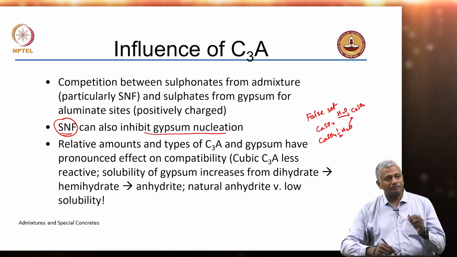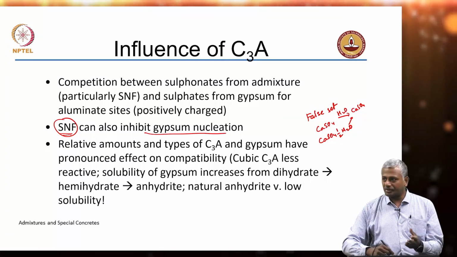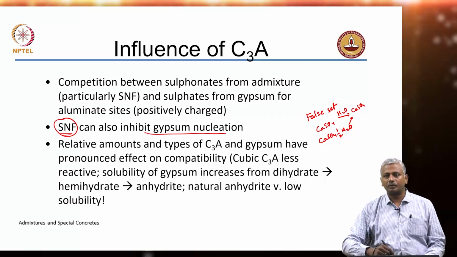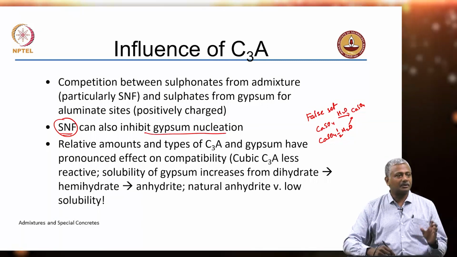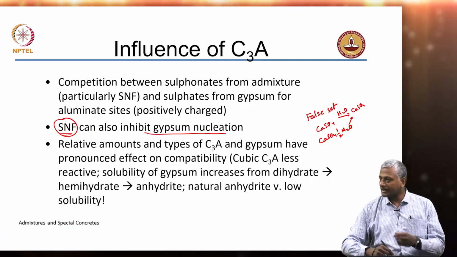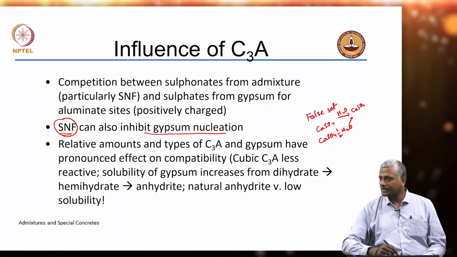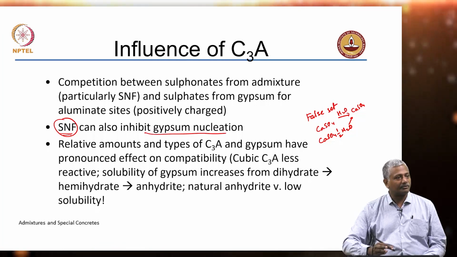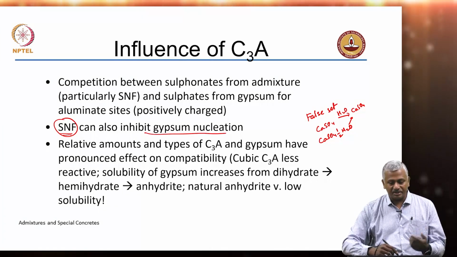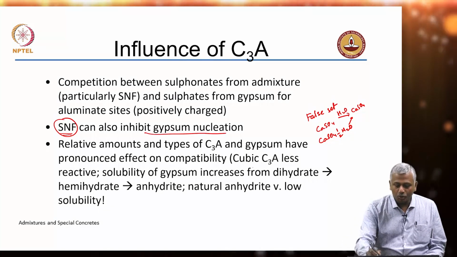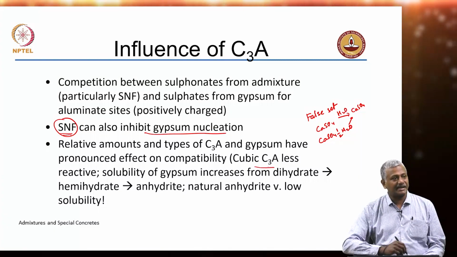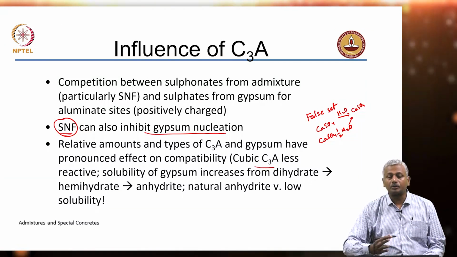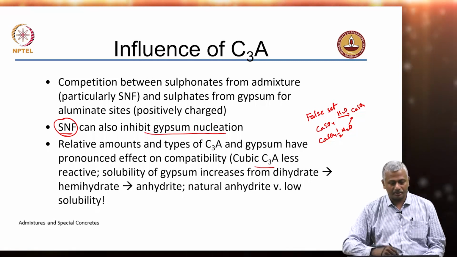Interestingly, the form of the C3A, we talked briefly about this in the overview of cement chemistry, that the compounds that are present in cement, the silicates and aluminates, are crystalline compounds and they may have different polymorphs. So type of polymorph can also affect the rate at which C3A becomes soluble, okay. So cubic C3A is less reactive, whereas orthogonal C3A is much more reactive.